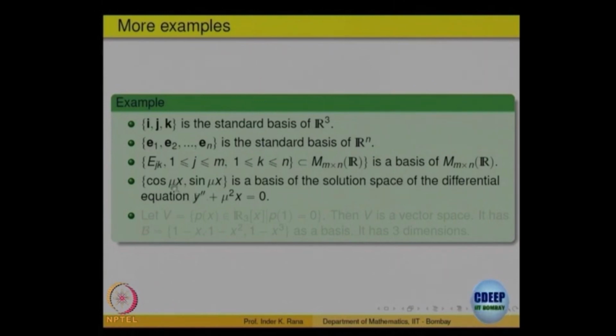If I put y equal to cos mu x or y equal to sin mu x as functions, then they will satisfy this equation. You can just check, because when you differentiate, mu will come out, it will become sin, once again differentiate, it will become cos again. One will be giving a plus sign, other a minus sign. So, both are solutions.